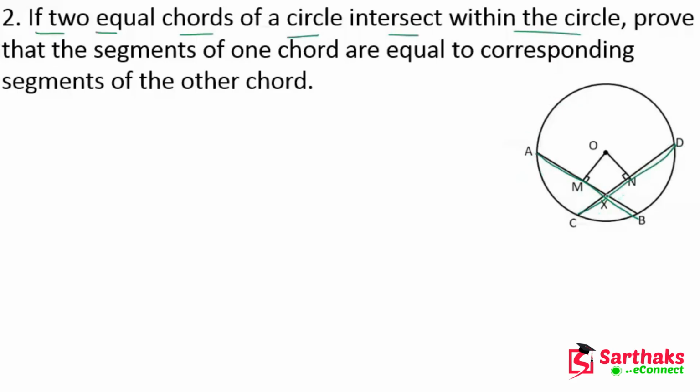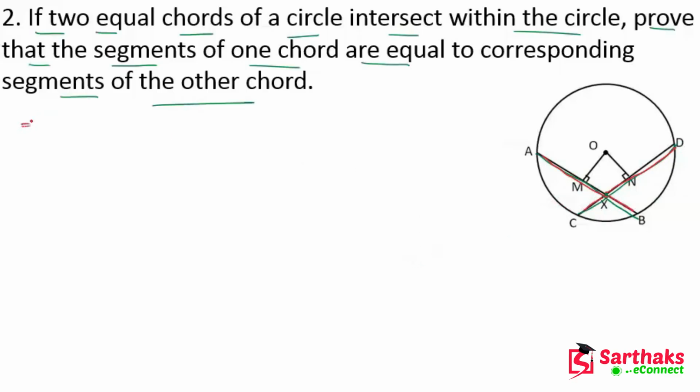These are two equal chords and they intersect at point X, prove that the line segment of one chord is equal to the corresponding segment of the other chord. Corresponding segment of the other chord means we have to prove that this AX is equal to XB, and BX is equal to CX.